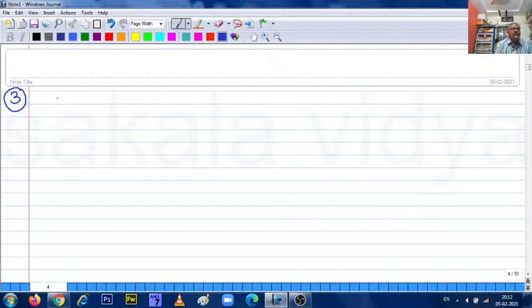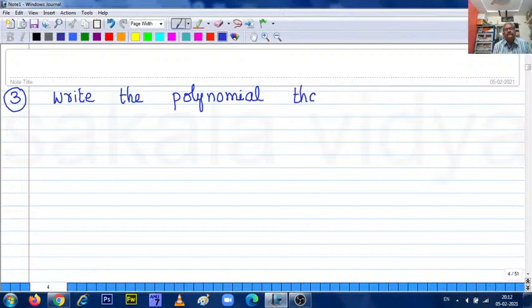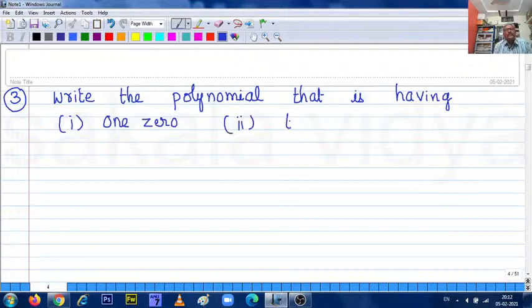Third one. Write the polynomial that is having: first one, 1 zero, only 1 zero. Second, 2 zeros.